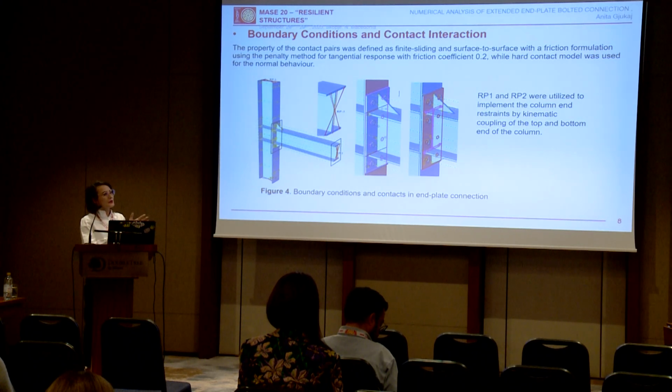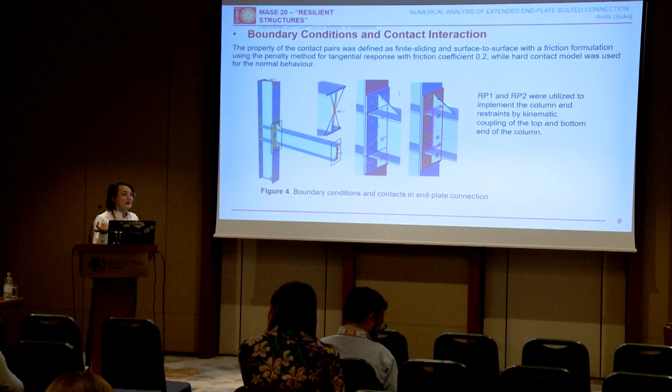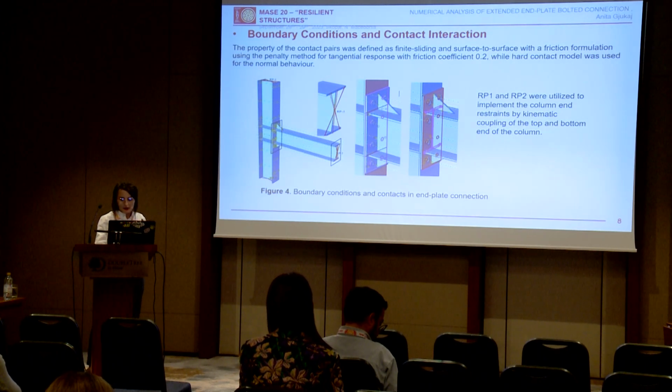The column ends were restrained despite the rotation about the strong axis. Reference point 3 relieved the longitudinal translation in order to apply the axial load, which was mentioned in Table 1 with the magnitude shown earlier.